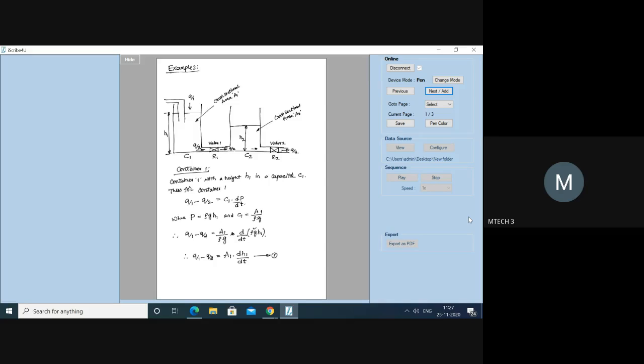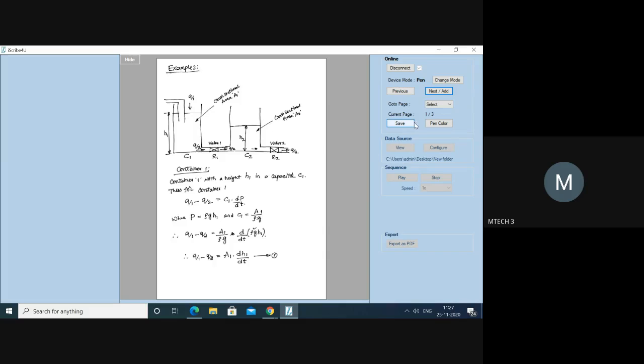Now, the rate at which the liquid leaves the container, Q2, equals the rate at which it leaves the valve.